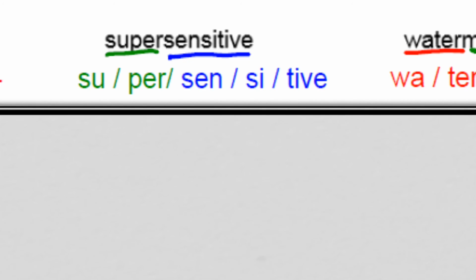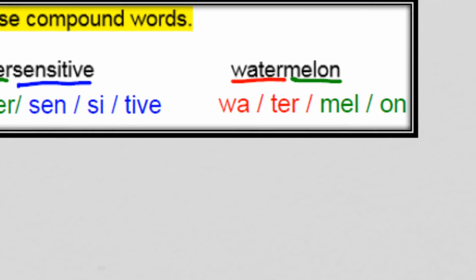If we look at super, we can sound that out, su-per, 2 syllables. If we look at sensitive, we can sound that out, sen-si-tive. And when we put it all together, we get su-per-sen-si-tive. That makes 5 syllables.